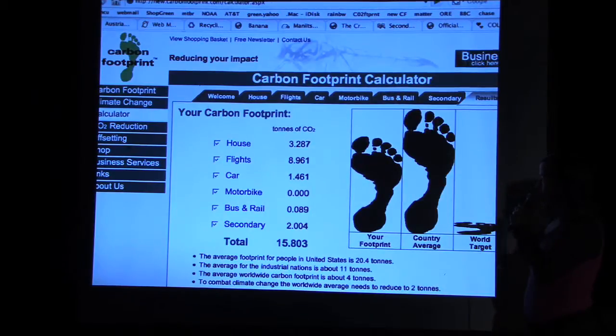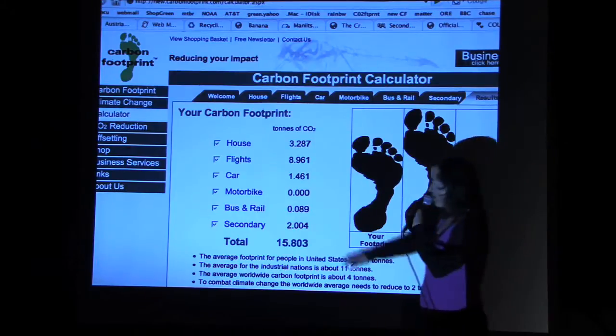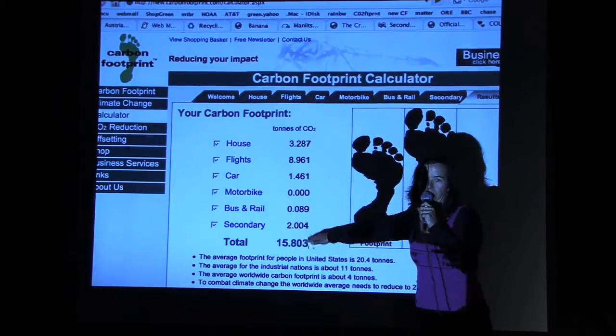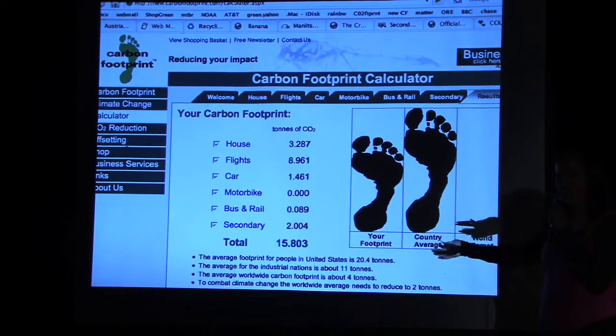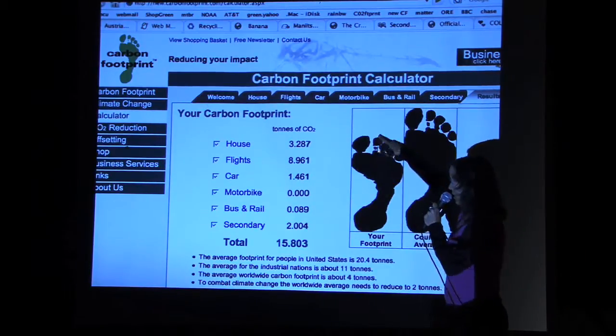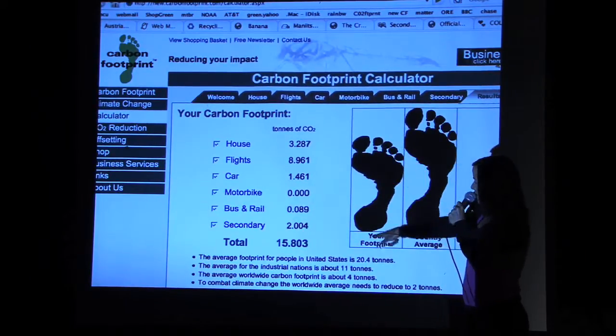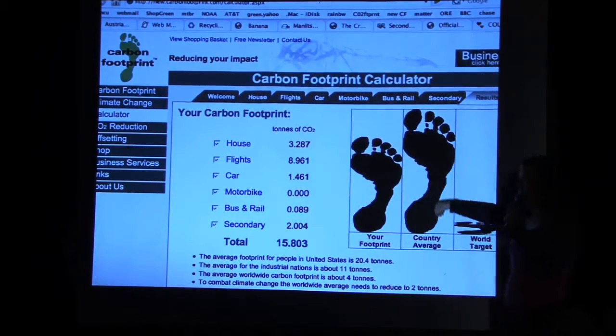What's the third highest number? Secondary. Now, I would probably argue that this is very underrated on almost all websites, like I just said. So if I wanted to look at reducing my carbon footprint, where do you think I might want to start? Flights.